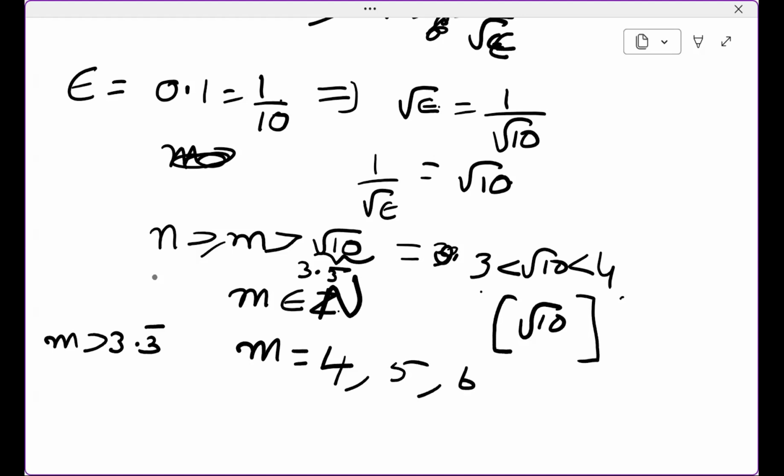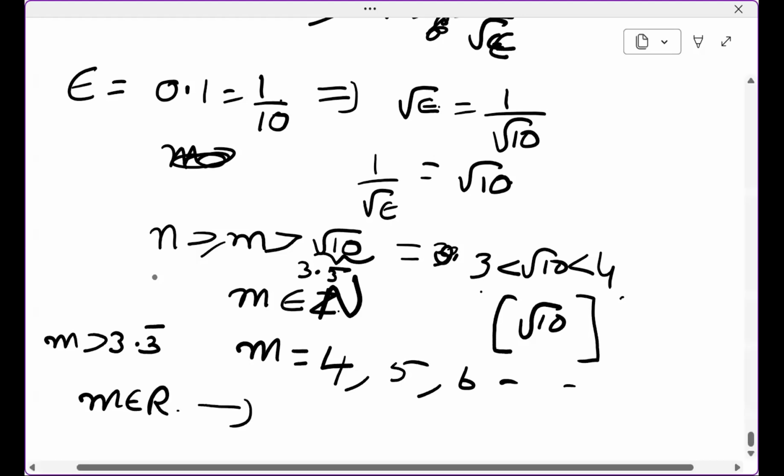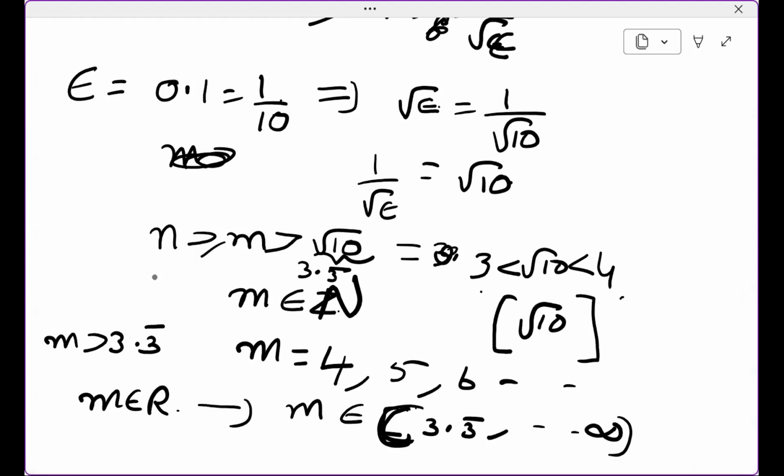What is the natural number after this? 4, 5, 6, 7. So if you say M is a real number, then there are many values. M can be 3.3 bar open up to infinity. These are the values M can take. If M is a real number, 3.3 bar open. Open means I cannot take it because strictly greater.